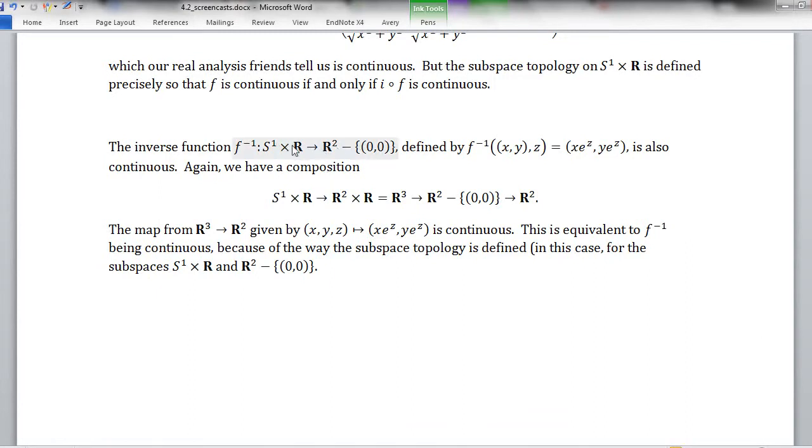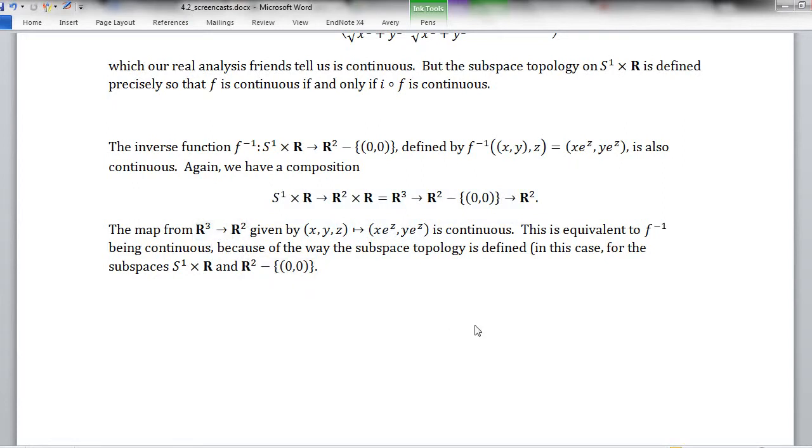Again, these spaces are a little strange, but you could interpose an R3 in here. You have the inclusion of the cylinder in R3, and then you can define a function from R3 to the punctured plane, or all the way to R2, just using the same definition. This is well defined for any point in R3. And these expressions are certainly a continuous function from R3 to R2.